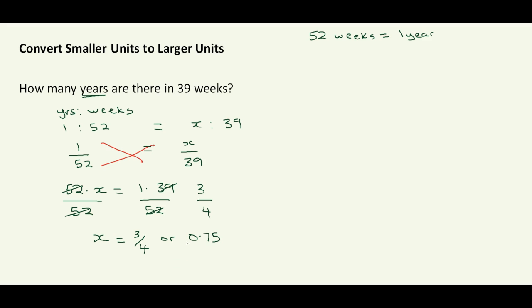If you need some help trying to understand this conversion, there's a topic that focuses just on converting fractions to decimals. So what this means is that 39 weeks is equal to 3/4 of a year, or 0.75 of a year.